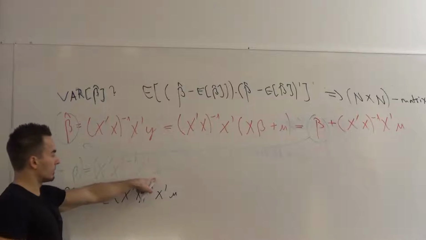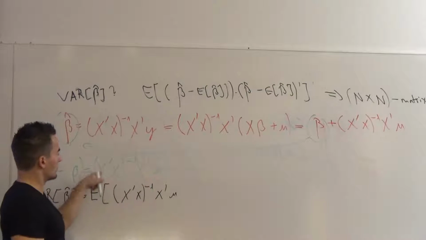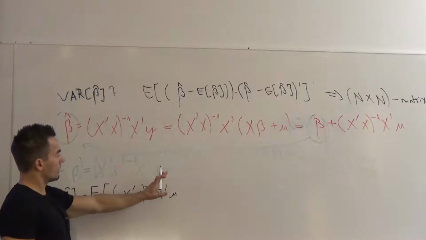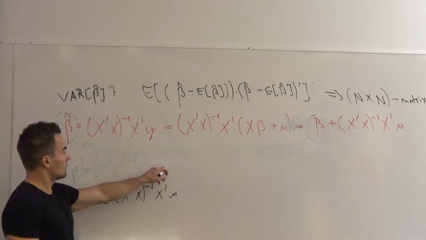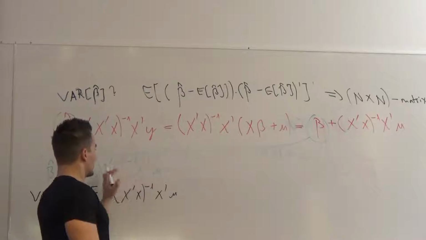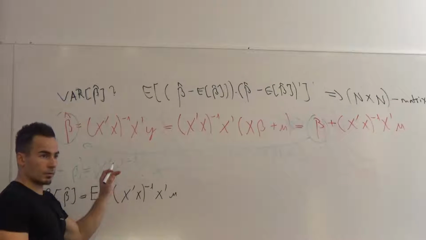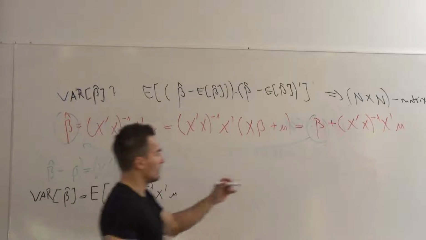So what happens if we transpose a matrix product? What is on the right hand side gets transposed and appears on the left hand side. So the order changes if we transpose it, okay? We know this from matrix algebra.